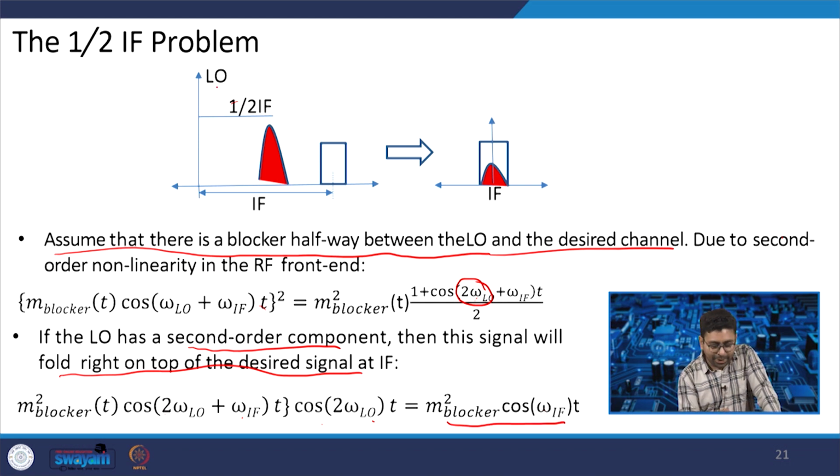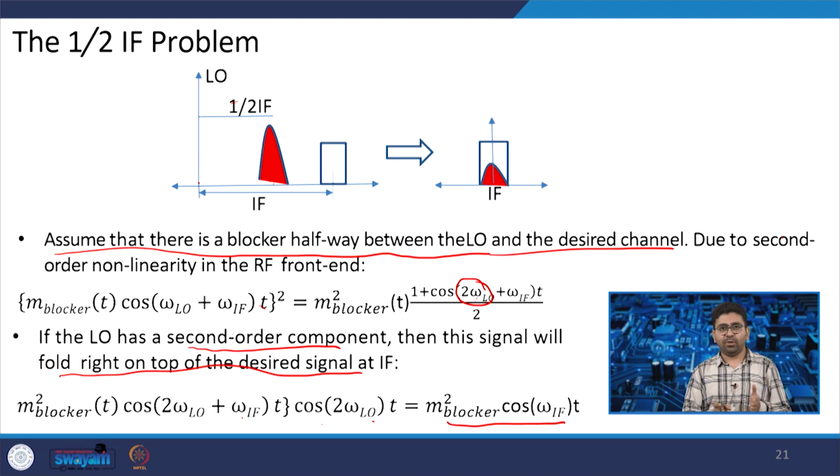Because your LO is multiplied by 2 and you have an image here, that is why you will have this. Let us say if this is twice of this, then it will be down converted. So, we need to be careful while deciding the LO frequency.